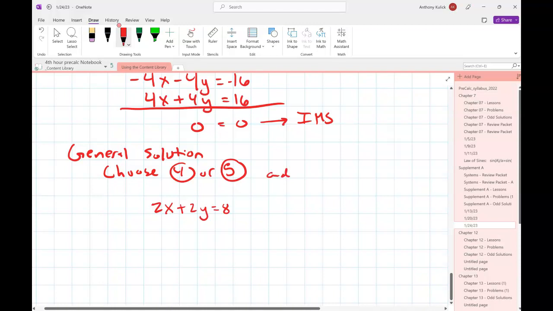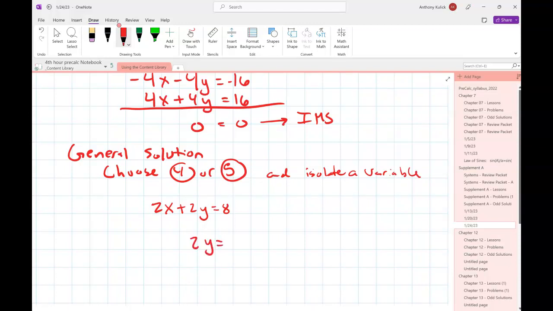And with that equation, we're going to isolate one of the variables. Again, it doesn't matter which variable to isolate, x or y. I'm going to get the y by itself. So I'm going to subtract 2x from both sides, and then divide both sides by 2.